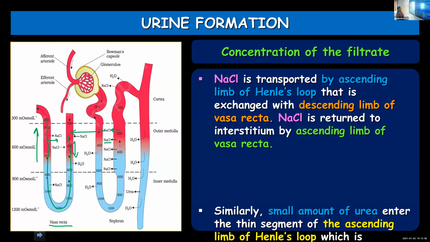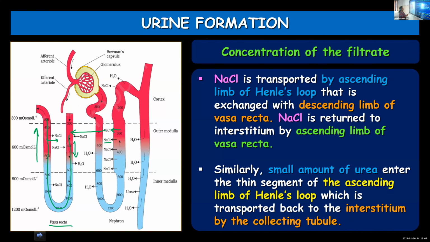And urea also plays a role. A small amount of urea will be taken up by the thin segment of the ascending limb of the loop of Henle. But once this urea reaches the collecting duct, it will be released into the medullary region. That also will help in concentrating the glomerular filtrate.